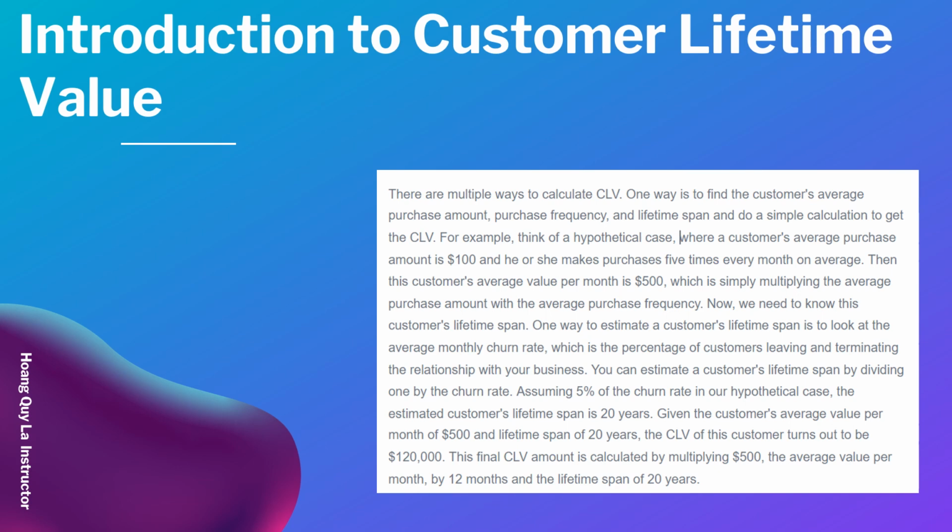Given the customer's average value per month of $500 and the lifespan of 20 years, the CLV of this customer turns out to be $120,000. The final amount is calculated by multiplying the $500 average value per month by 12 months and the lifespan of 20 years.